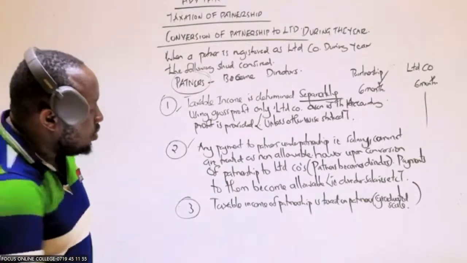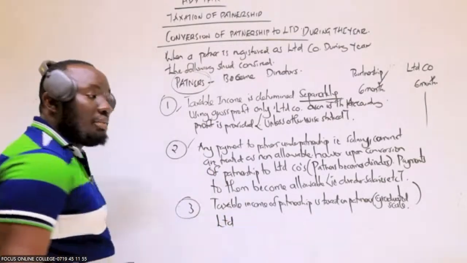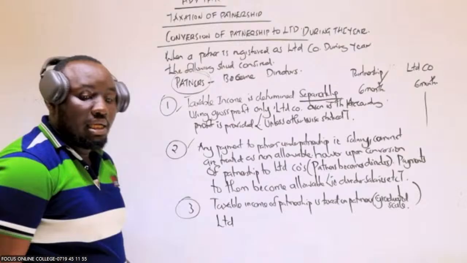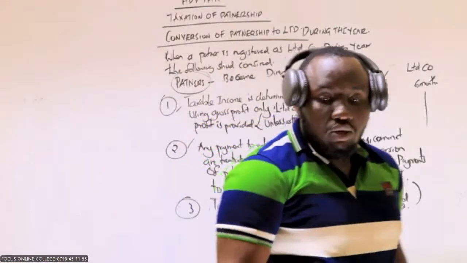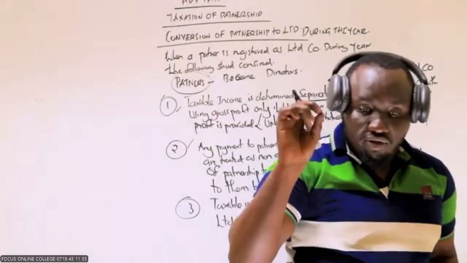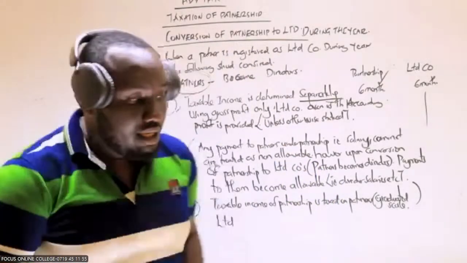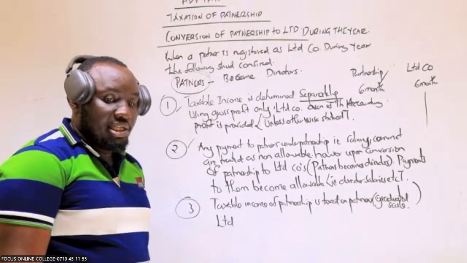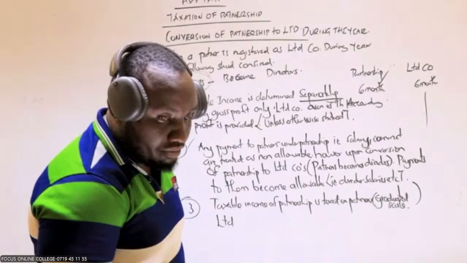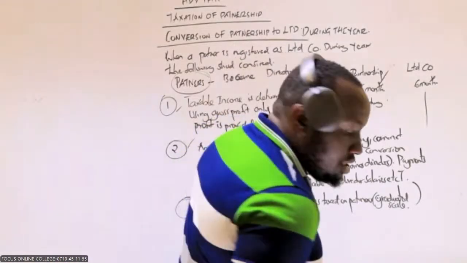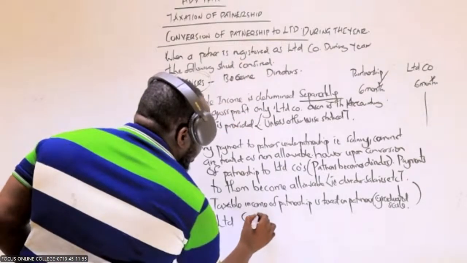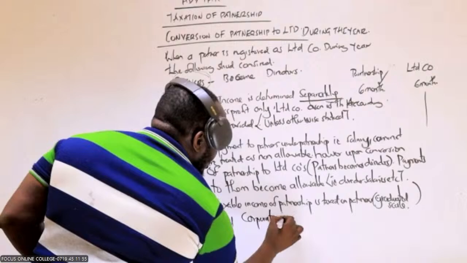What about a limited company? Well, now we turn it to a limited company. How do we now tax it? We tax it now at the corporate rate of 30%.